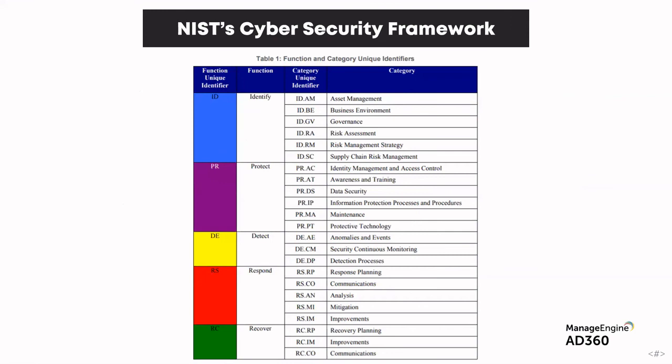We started by understanding how to identify threats in your network, doing risk assessment, doing governance. We spoke about protection, where we had a data security strategy in place. We spoke about detection, where we spoke about anomaly detection and deviations and correlation that can come to the rescue.